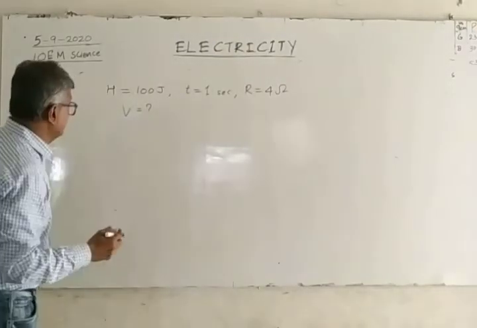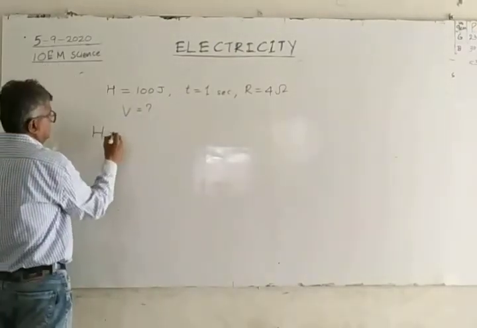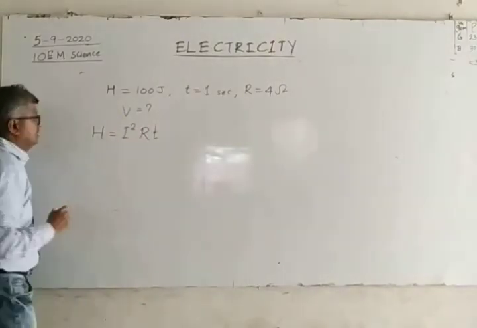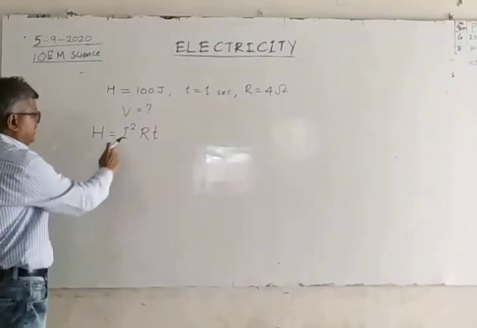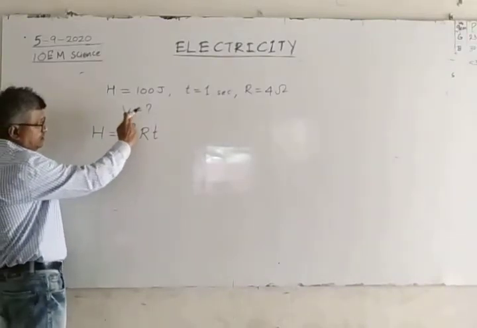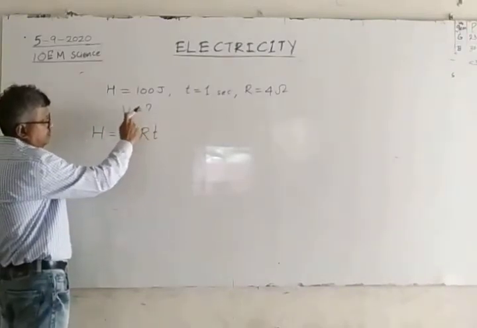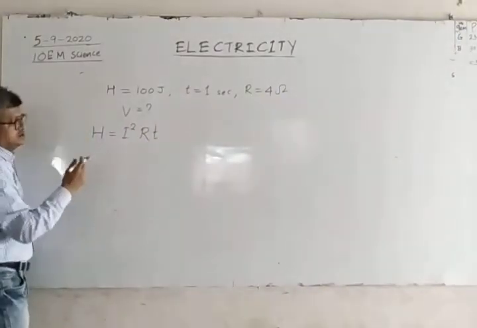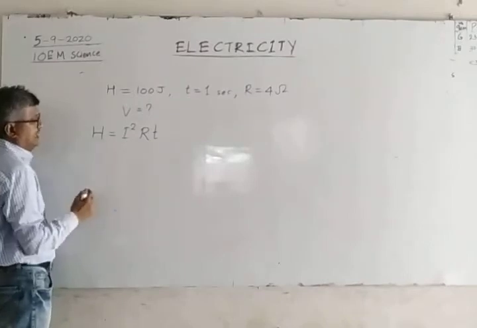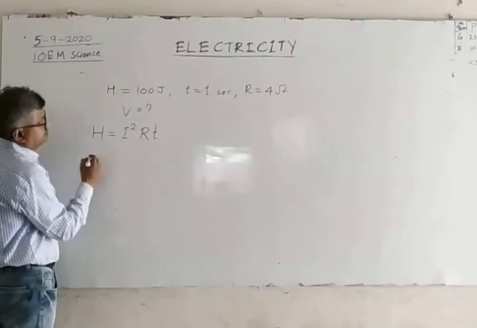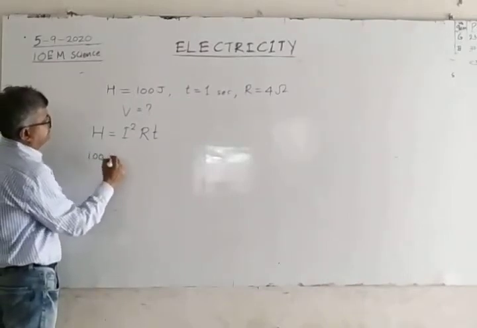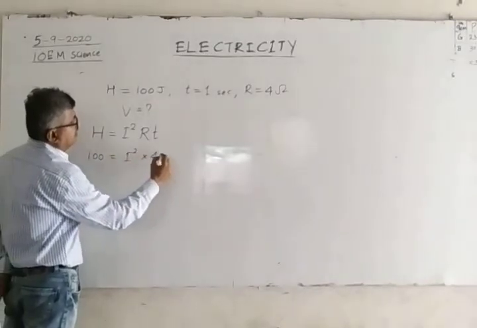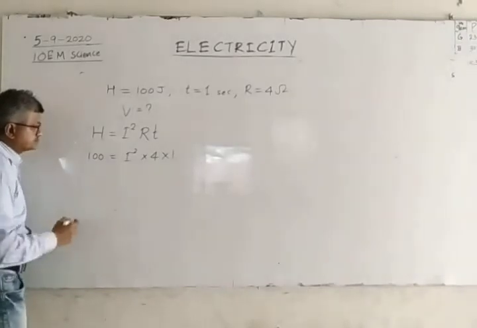So we have the formula H is equal to I square RT. If you calculate current first, you can calculate voltage using R and I. R is given. So first calculate I. How to calculate I? Fill the values. H is 100, I don't know, and R is 4 and T is 1.